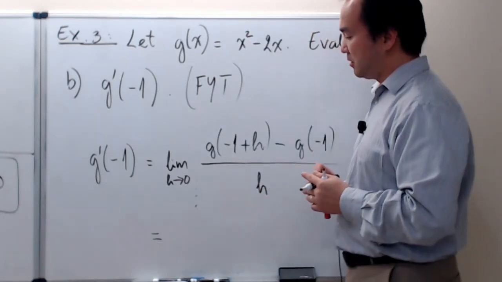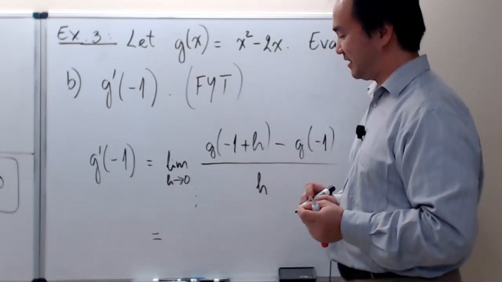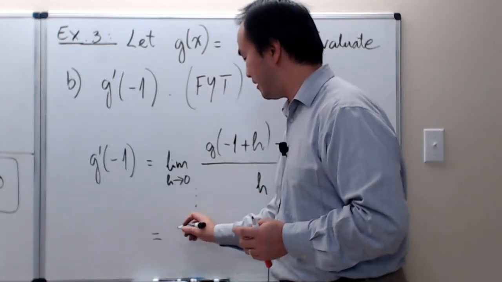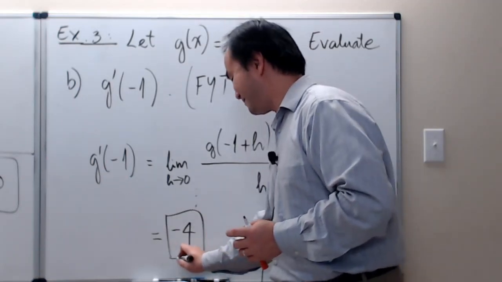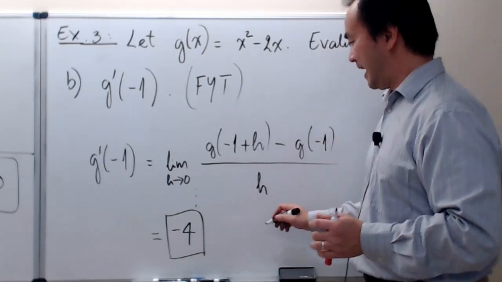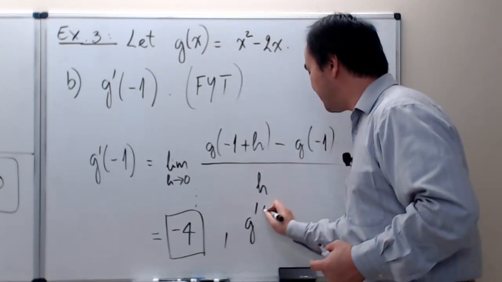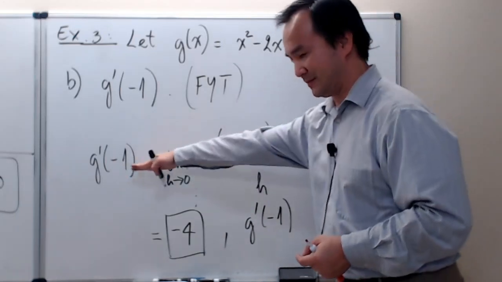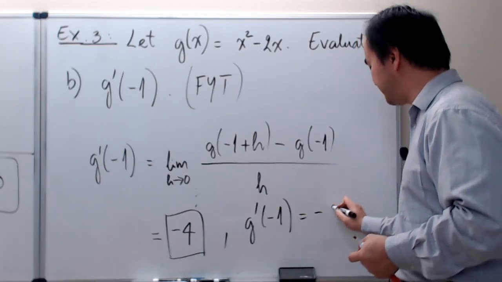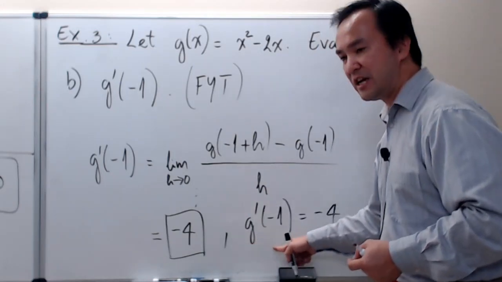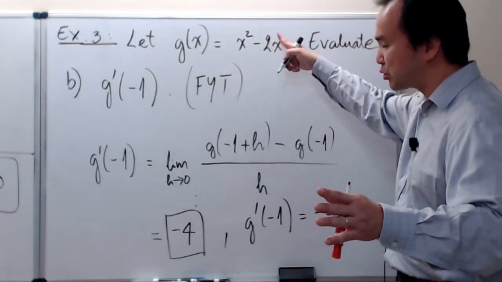All right, so after hopefully having your own steps right there, then the final answer should come down to -4. Okay, and so our final conclusion here says that g prime at -1, ultimately that was our original goal, has answer -4, or the slope of the tangent line to this curve of the function g of x equals x squared minus 2x.